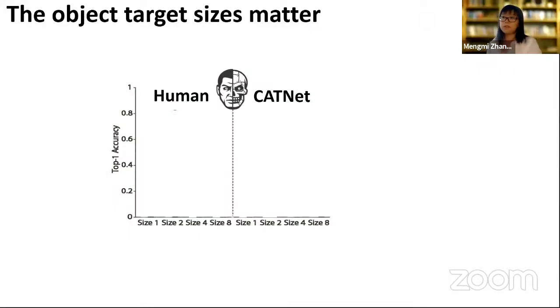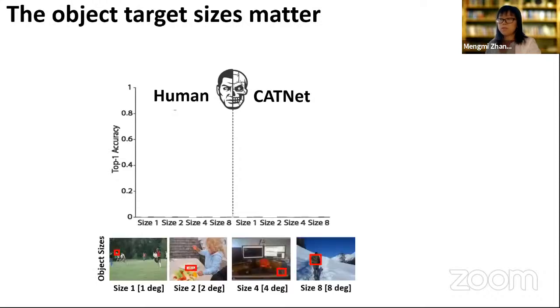So in this experiment, we conjecture that the impact of contextual information would depend on the target object sizes. Thus, we constrain the size of the target objects to 4 bins, corresponding to different visual angles in degrees. They are measured by the number of pixels in the objects, regardless of their physical size in the physical world.